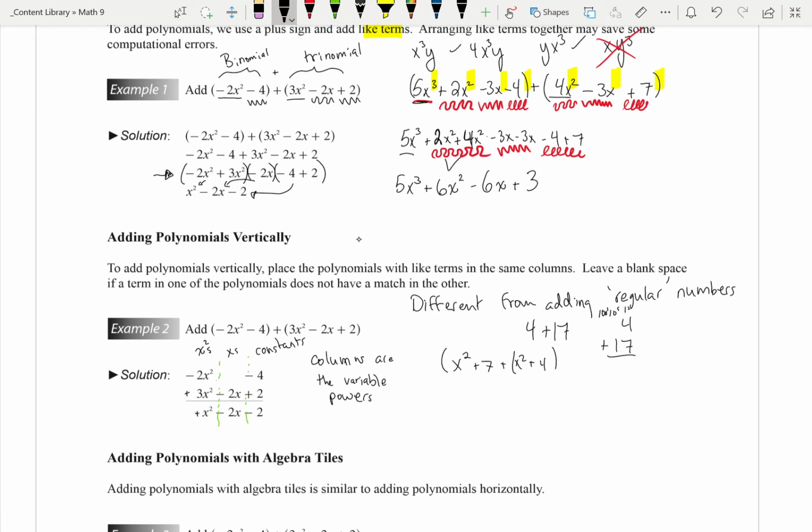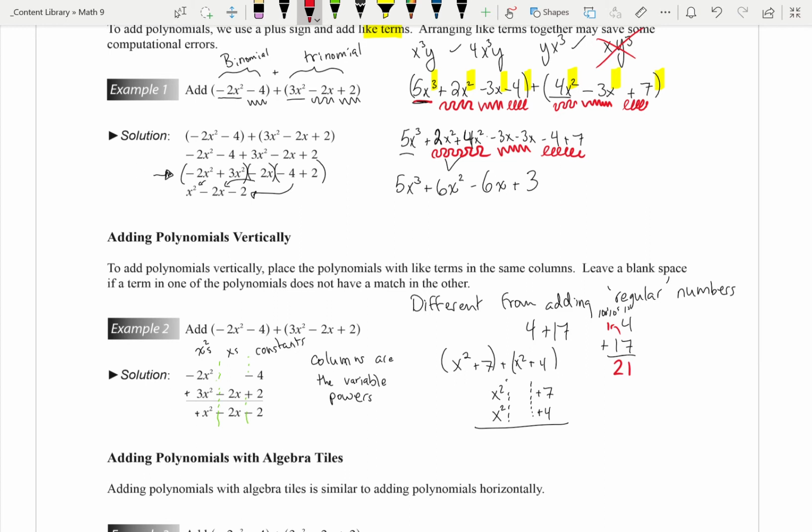So say I had this example. I set up my equation properly, where I have plus 7 plus 4. I've left my x's column empty. One of the things that is also different is in the previous example where I had 17 plus 4, the 4 and the 7 would make 11, and I carry the 1 up, and then this becomes 2.